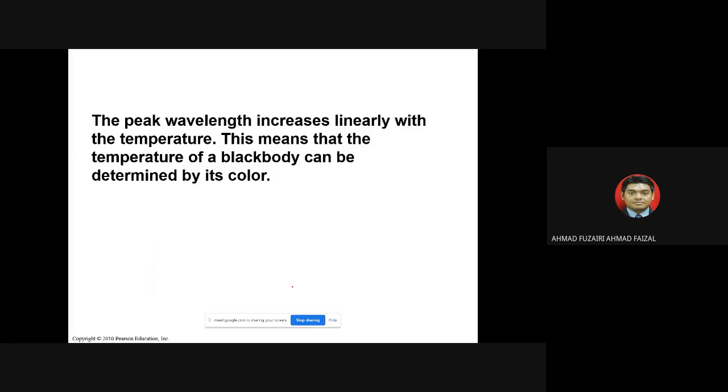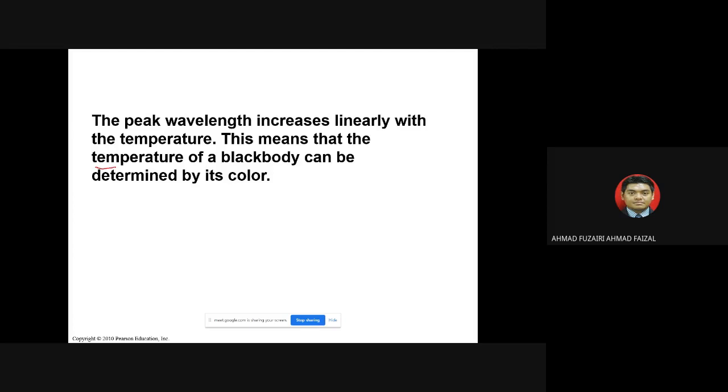The peak wavelength increases linearly with the temperature, meaning that when the temperature increases, the peak wavelength also increases because it increases linearly. This means that the temperature of a black body can be determined by its color. A certain wavelength will have a different color, due to the temperature of the black body.